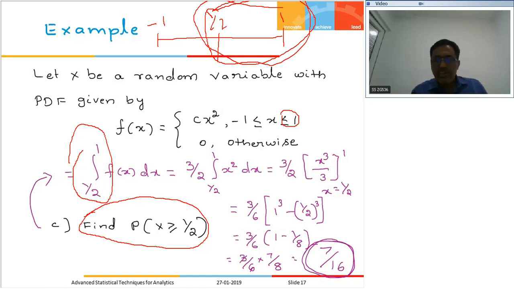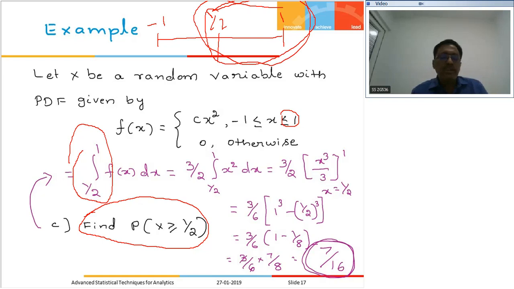If we take the entire interval, then we will get 1 only. We know that the total probability in the interval minus 1 to 1 is 1. Now we want to find the probability that it lies in a part of this, which is half to 1.